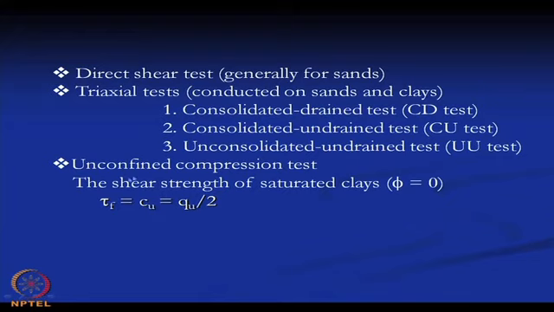If the unconfined compressive strength is Qu, then dividing it by 2 gives us Cu. So, half of Qu will give us Cu, that is, the unconfined compressive strength divided by 2.